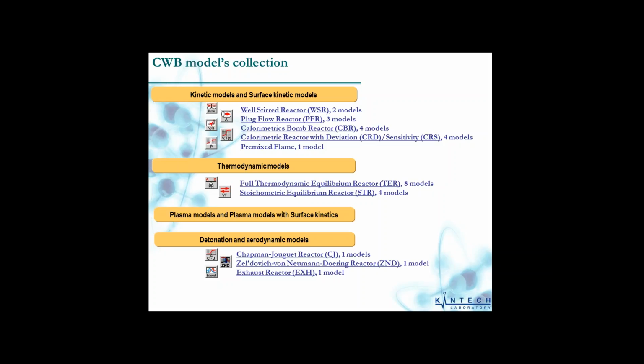The calculation of equilibrium relies on two approaches. One is the stoichiometric equilibrium reactor, where the equilibrium is established by a set of balance equations, and the other approach relies on the minimization of the Gibbs potential. About the plasma model, I will say more detail on the next slide. And we have a set of novel models devoted to detonation and others.